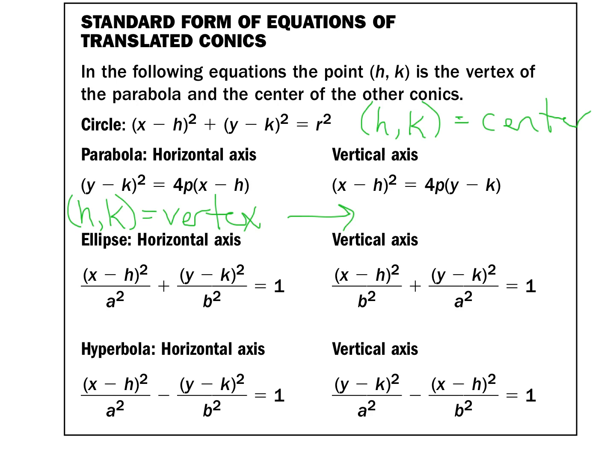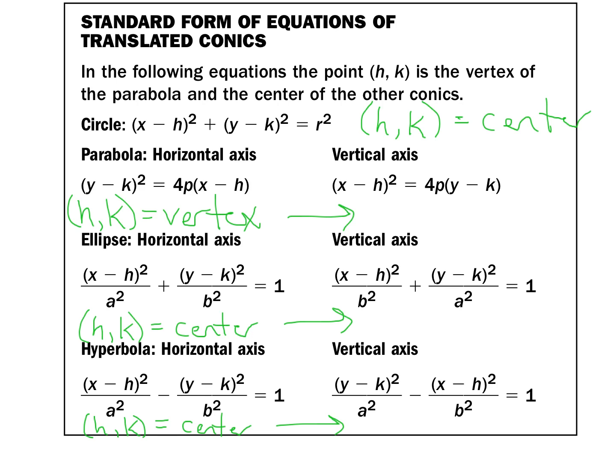Okay, and the h comma k being the center goes for ellipses, both vertical and horizontal, and hyperbolas. And again, that's both horizontal axis hyperbolas and vertical axis hyperbolas.